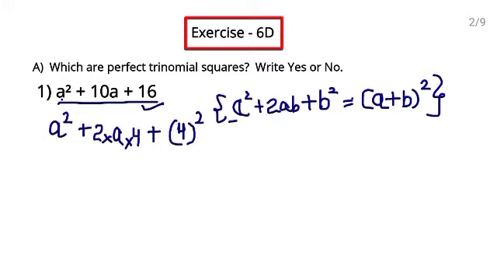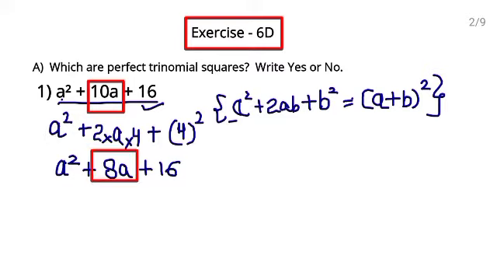In between it should be a square plus 4 2s are 8a plus 16, but in the question they have given 10a. So this is not the trinomial square because in between there should be 8a. What should have been in between? 8a.